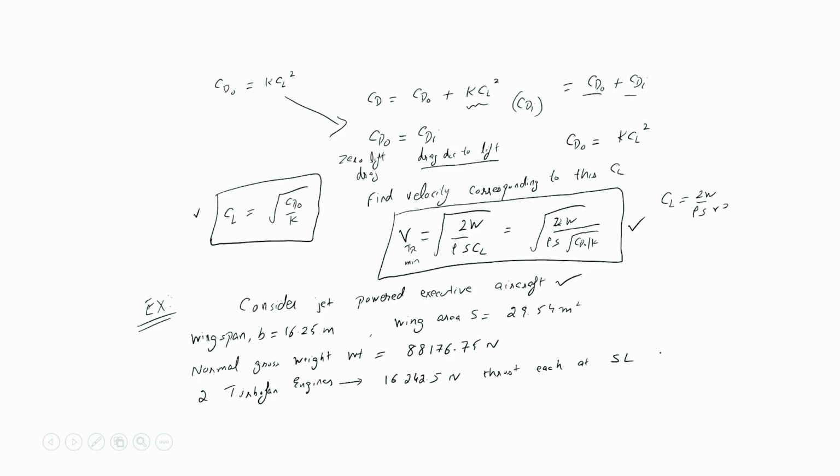Parasite drag coefficient CD naught is also given, CD naught equals to 0.02. Oswald efficiency factor. I am writing the names so that you are well aware of these terminologies.